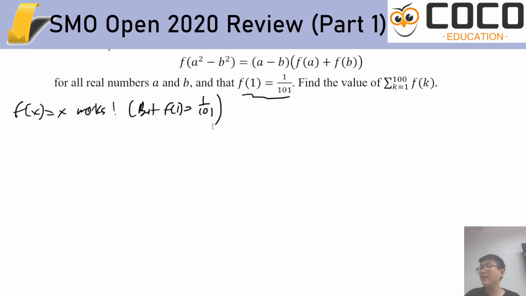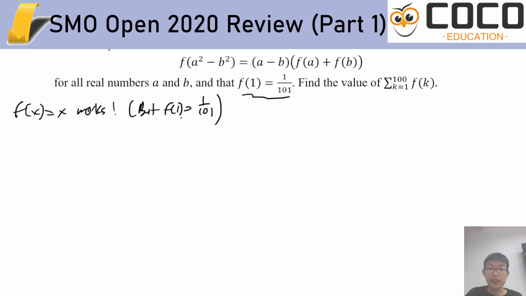Okay, and so let's talk about the strategy for these kinds of functional equations in round 1. In round 1, just guess the solution if you can. And you guess the solution by starting with something that roughly works, like f(x) equals to x, and then adjust it in the direction that is okay.